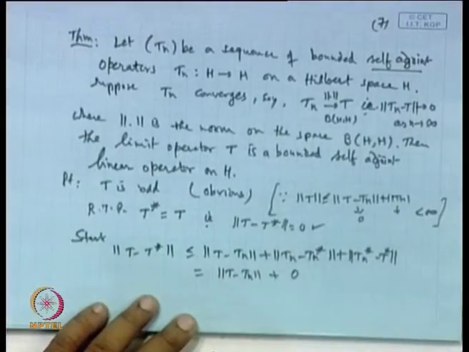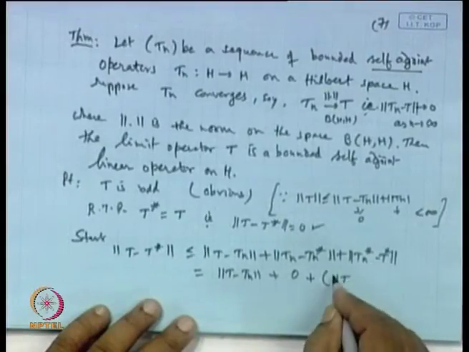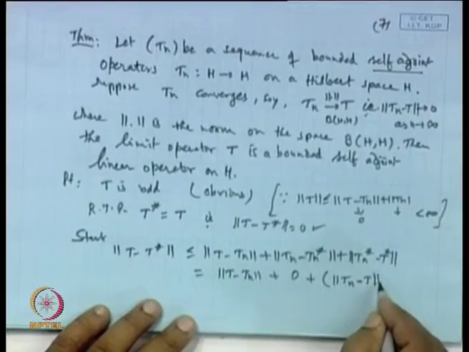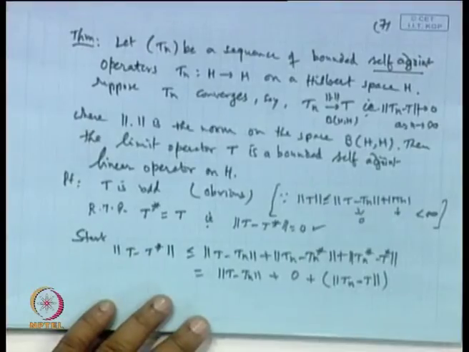So, this part will always be 0, and here can we not write this thing as norm of Tn minus T, that is all. Why?